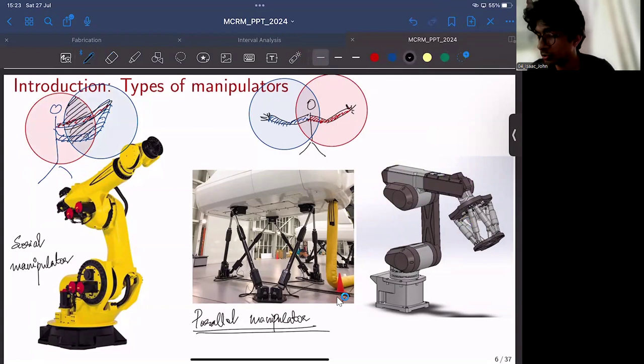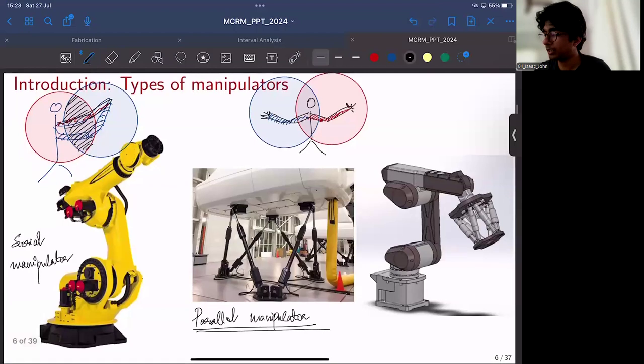So the workspace of a parallel robot would be much lower compared to a serial robot, inherently.